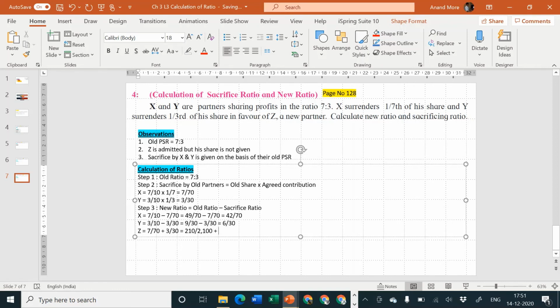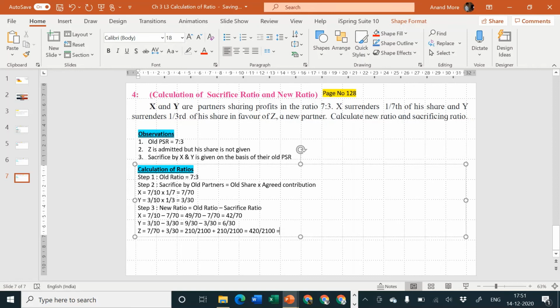Plus second one will be 70 into 3, that becomes 210, divided by 2100. That goes to 420 upon 2100.